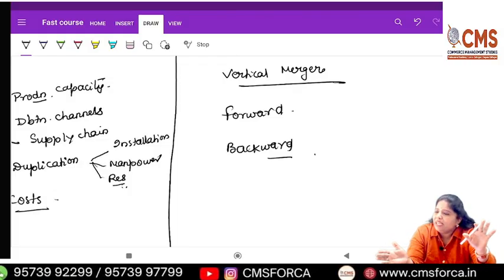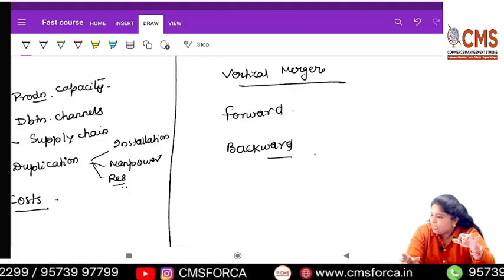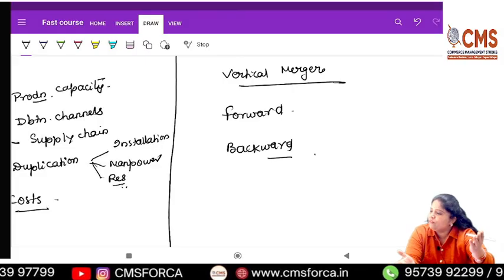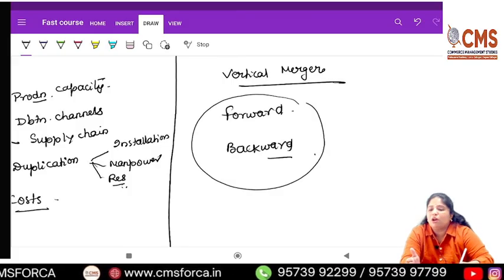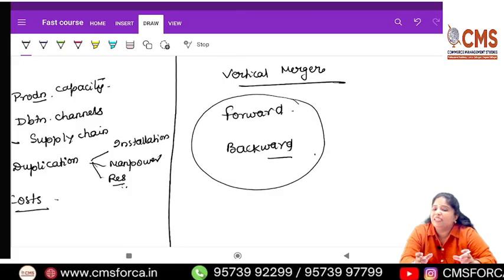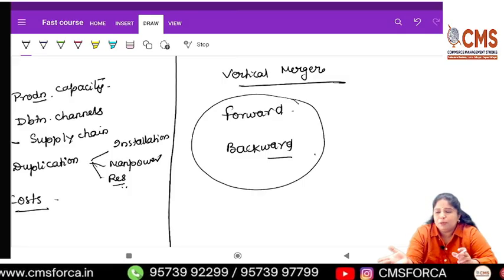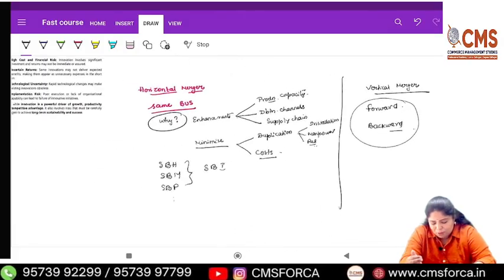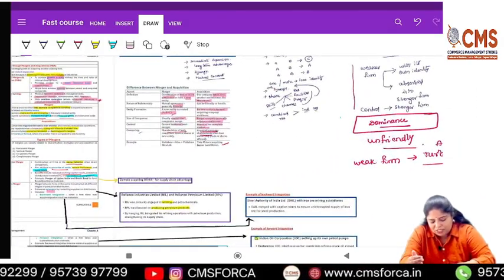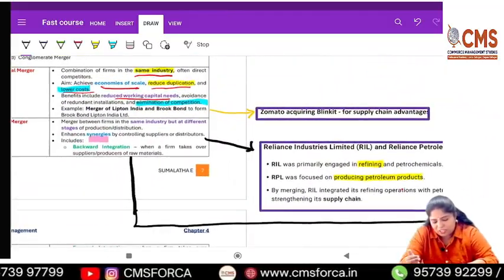Ultimately, it's a merger that happens between two business entities which are in different stages of the supply chain. Whether it is forward or backward, you are trying to merge entities which are in the input provider business and the retail business. I have a couple of examples here. We'll try to look at them and understand.